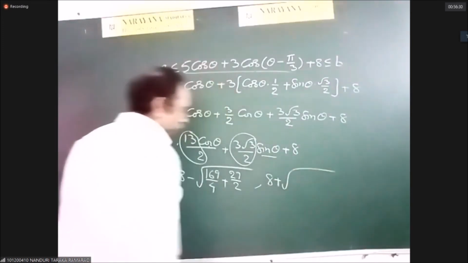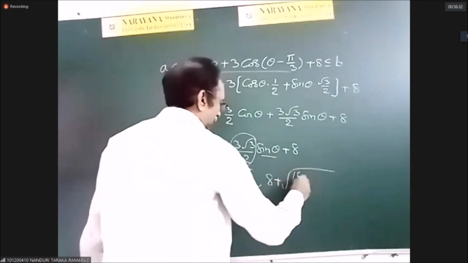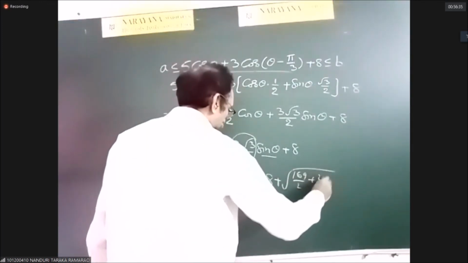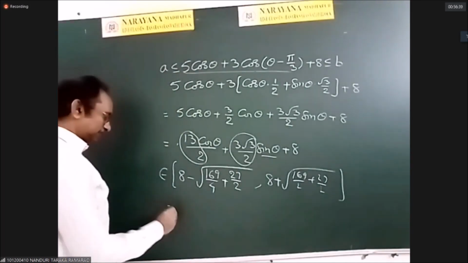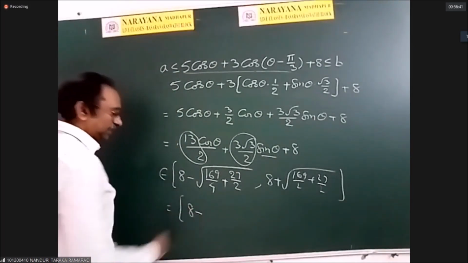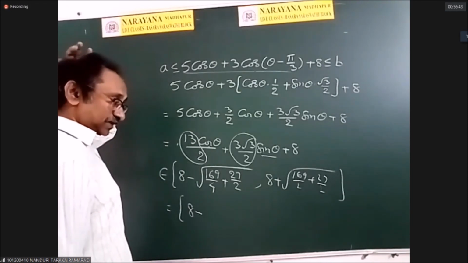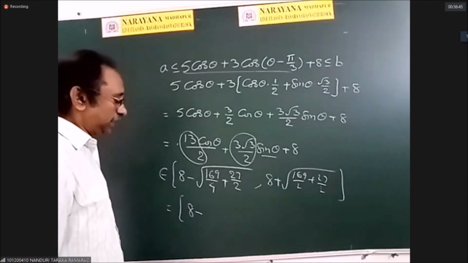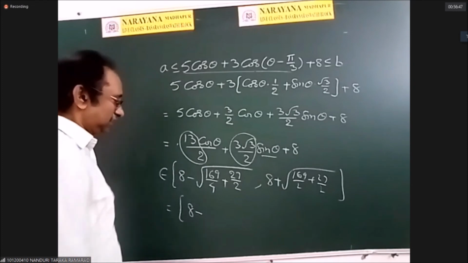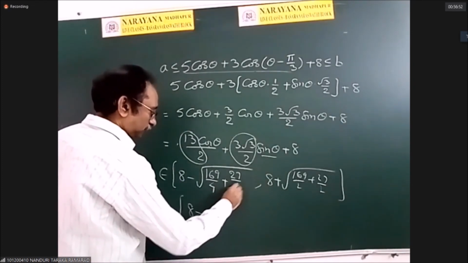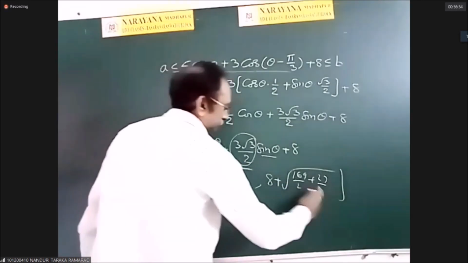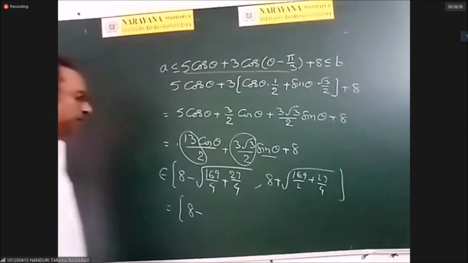comma c plus, once again, square root of a square plus b square. So 169 by 4 plus 27 by 4, that is 196 by 4.